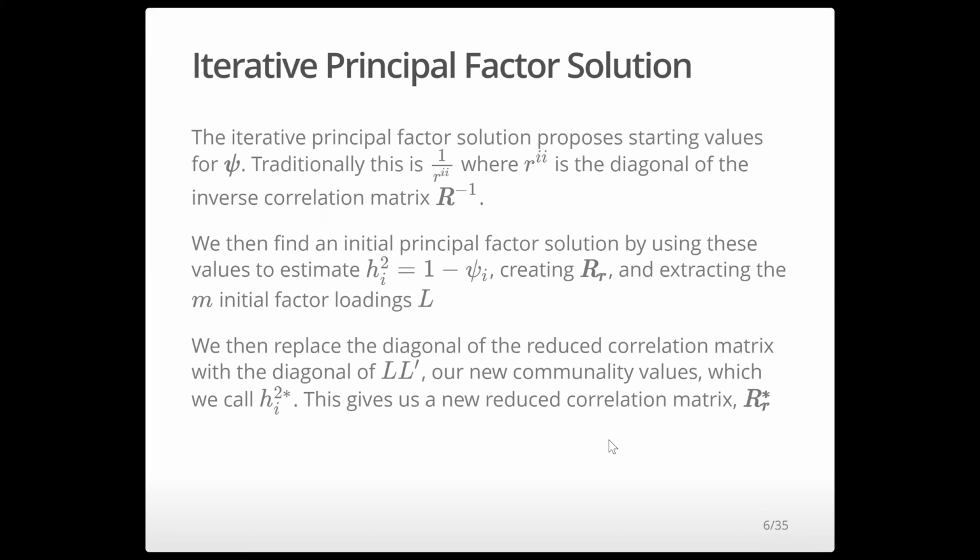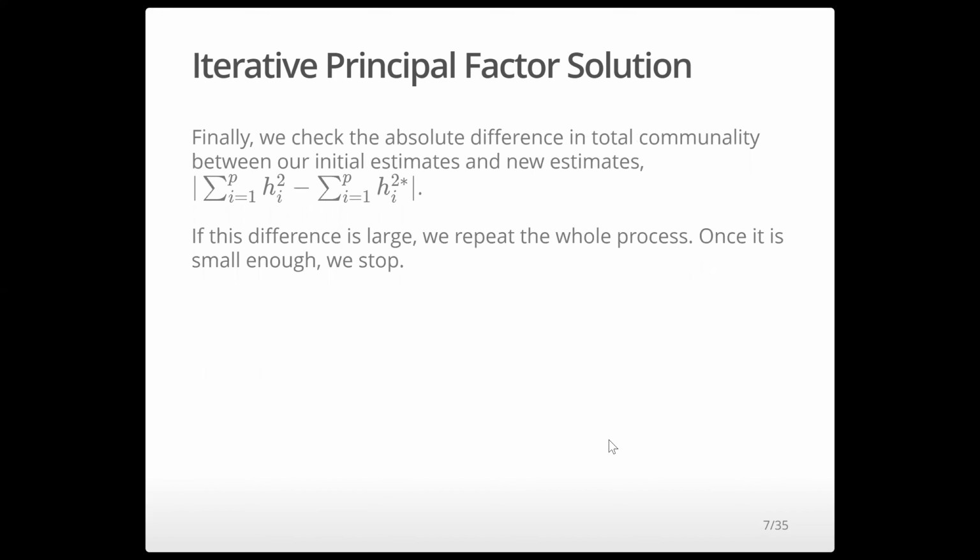And this gives us another new reduced correlation matrix, R star R. And then we're going to check how different our communality estimate is between our initial estimate based on our starting values, and the new communality values based on our estimates from the reduced correlation matrix. And we're going to see how much that changes the overall communality. And we're going to keep repeating this process over and over again, replacing the communalities with the new communalities until the difference is small enough that we stop.